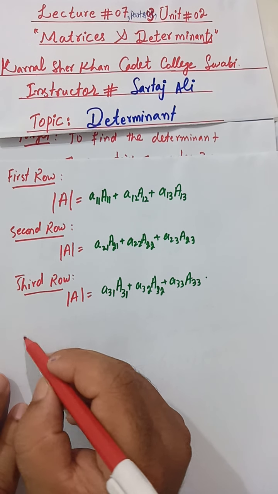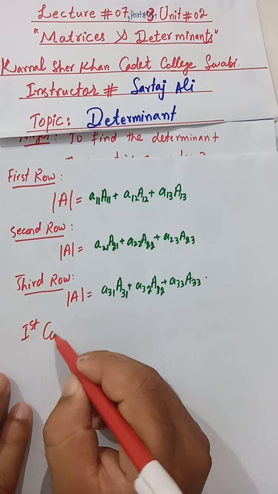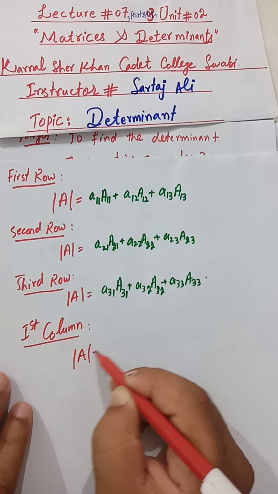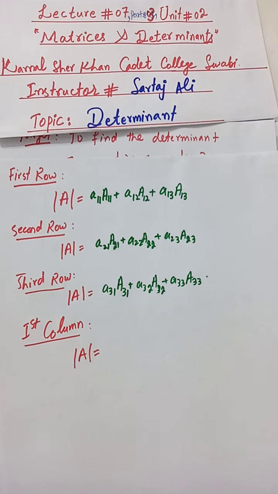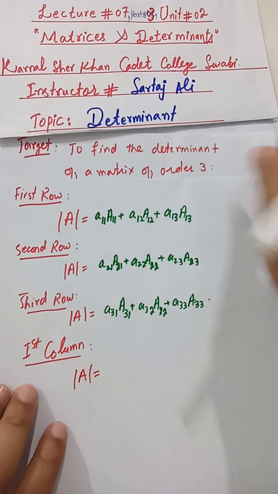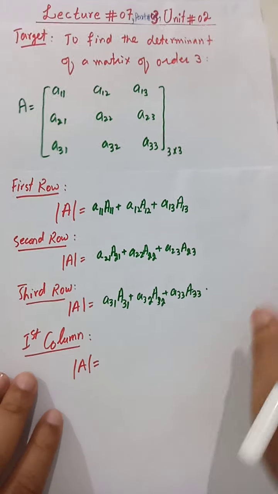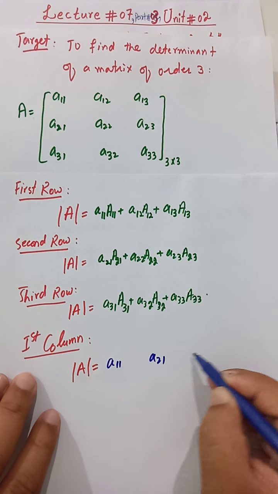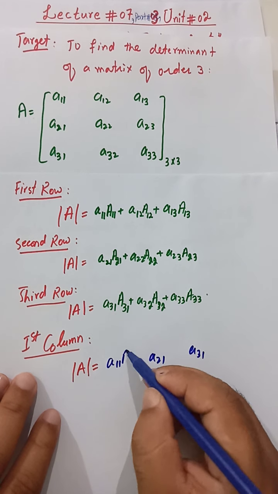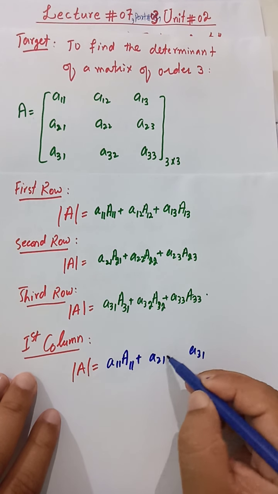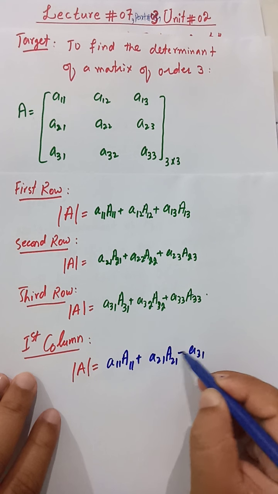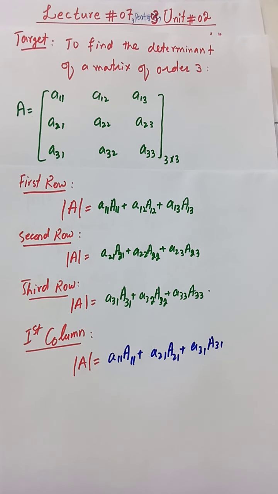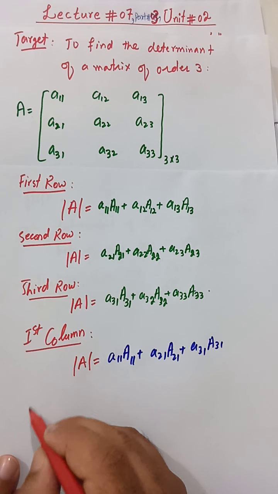Or you can also find the determinant with the help of the first column. That will be equal to the elements of the first column, A11, A21, A31, with capital A11, capital A21 and capital A31 as the cofactors. So this is according to the first column.